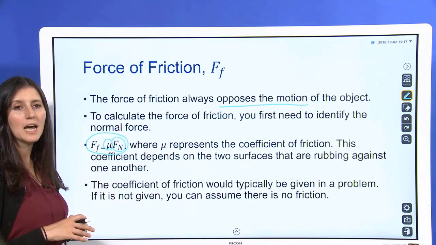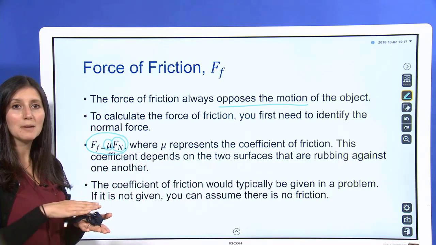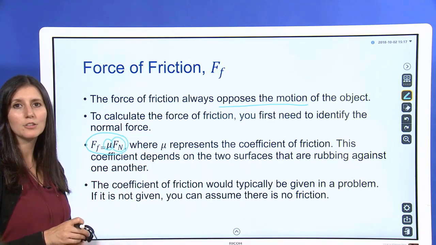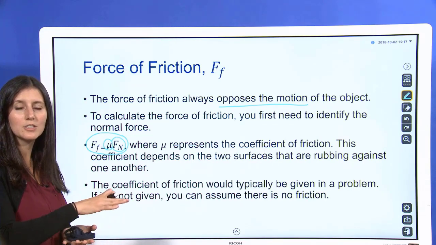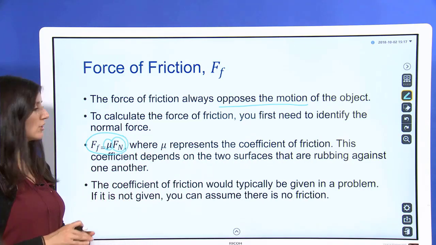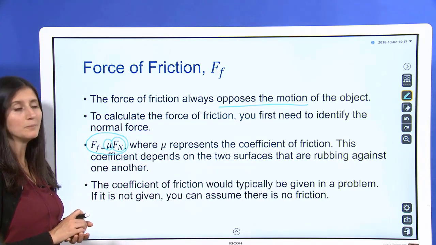Now, if instead I'm moving, let's say, a piece of wood across a piece of sandpaper and I'm rubbing those across each other, it's quite a lot harder to slide them past each other, because they're rougher surfaces. So the coefficient of friction between wood and sandpaper would be bigger.